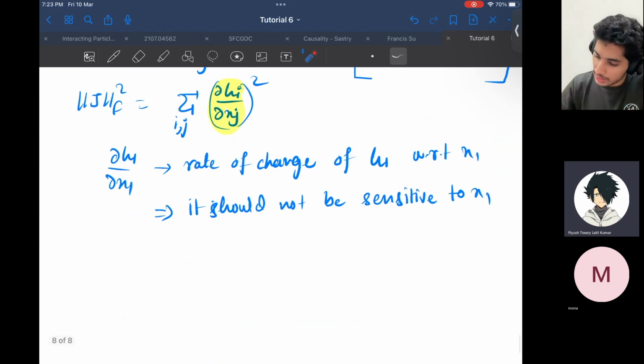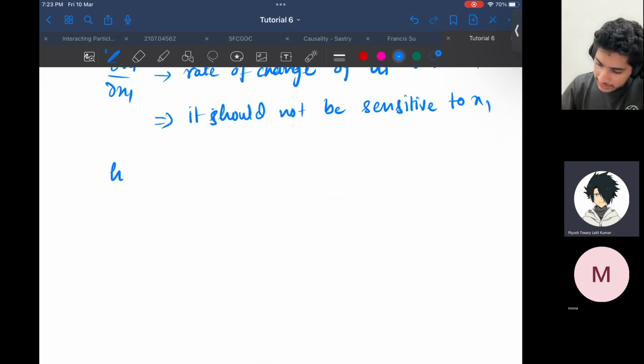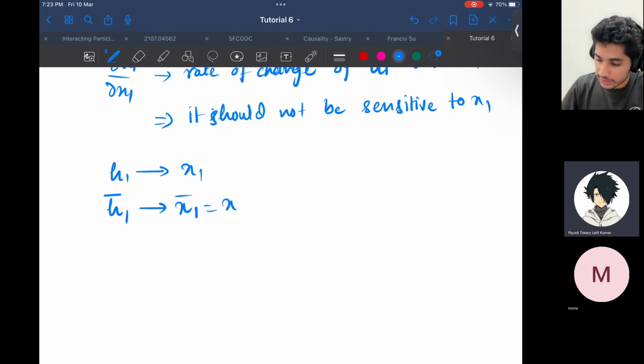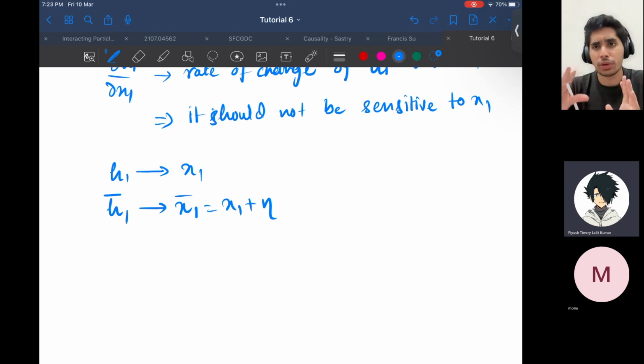So let's say h1 is the representation for x1, and h1 bar is the representation I learned from x1 bar, which is nothing but x1 plus eta, where eta is very small, almost negligible.